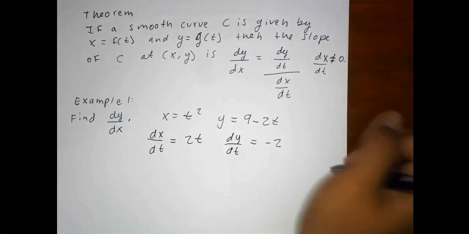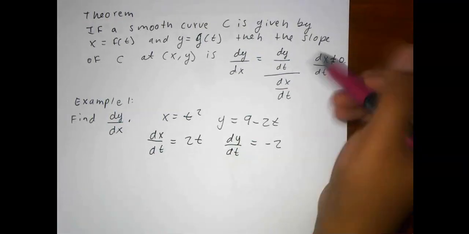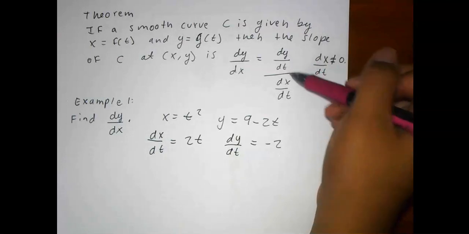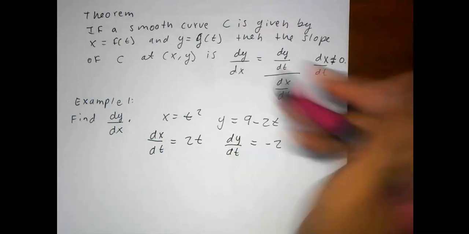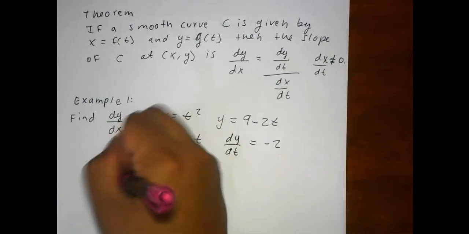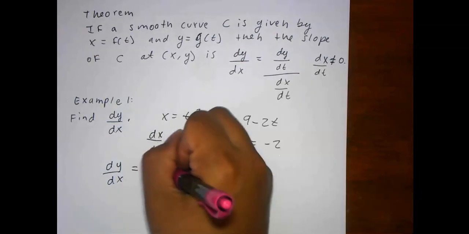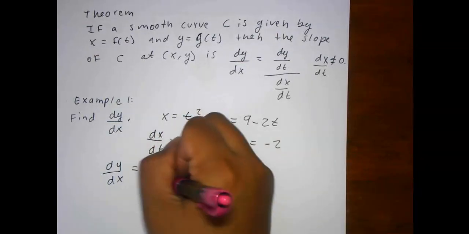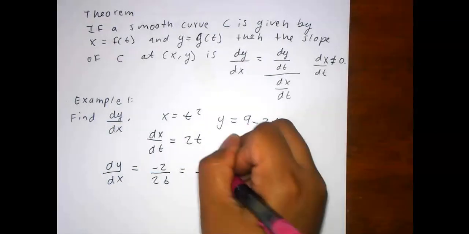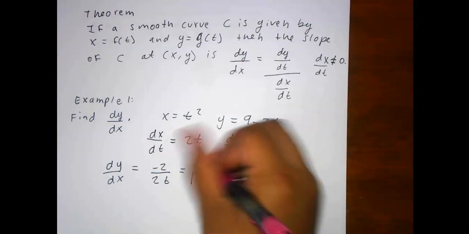So now we're going to put it together. If we use this equation and put dy/dt over dx/dt, we are going to get negative 2 over 2t, and simplified will be negative 1 over t.